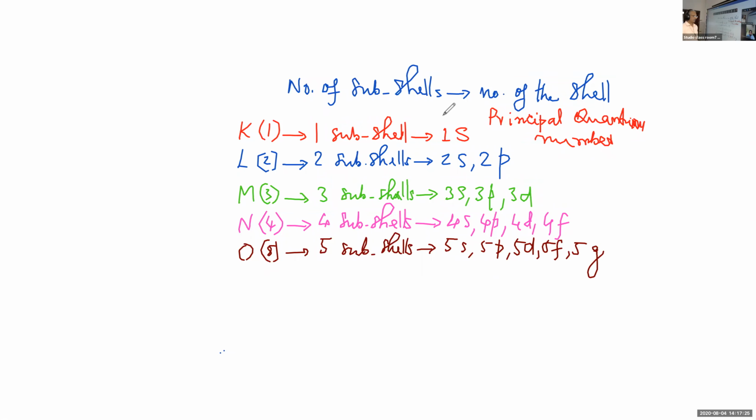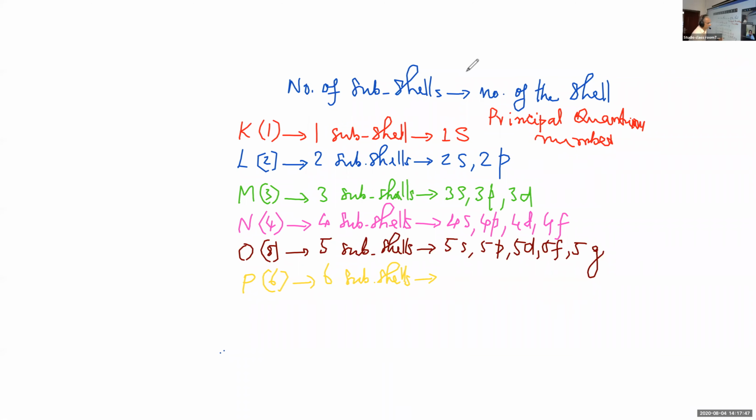Similarly, you come to the next one. That is MNOP. Here, n is equal to 6. And therefore, 6 subshells are possible.